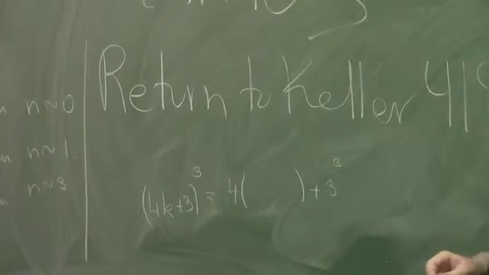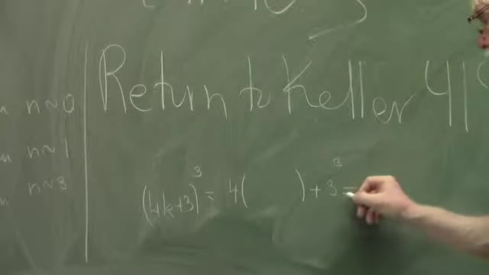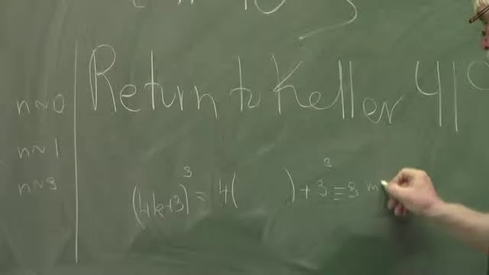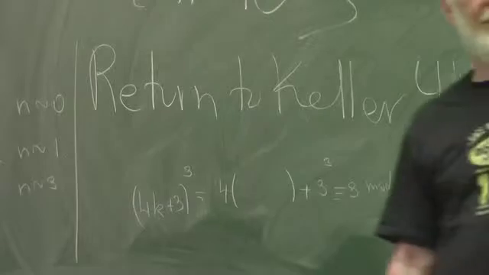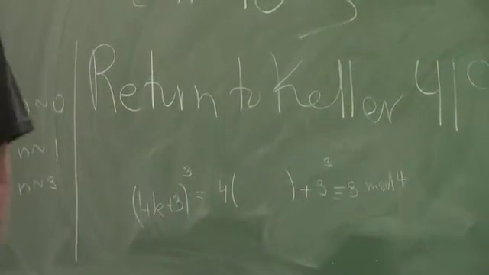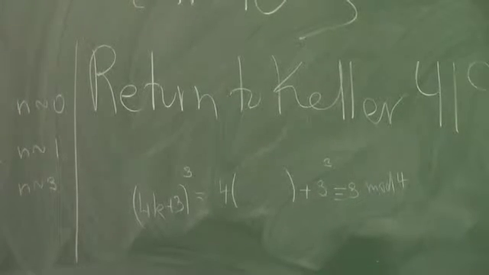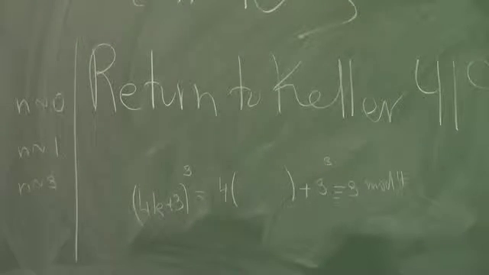And 3 cubed is 27, which is 3 mod 4. My fault. Okay.